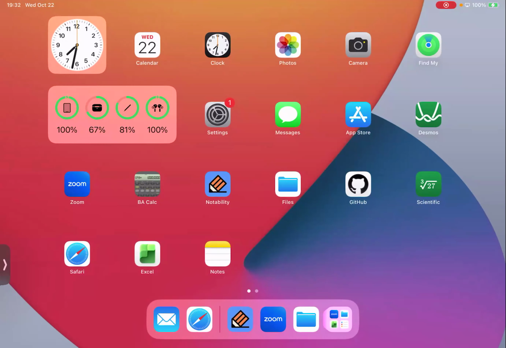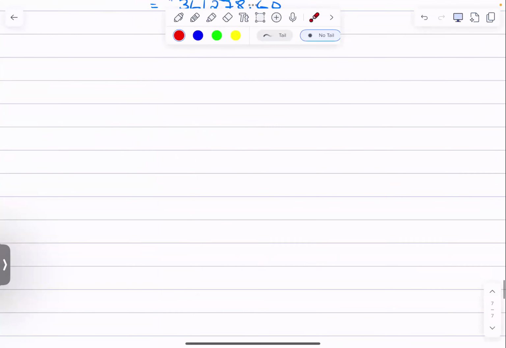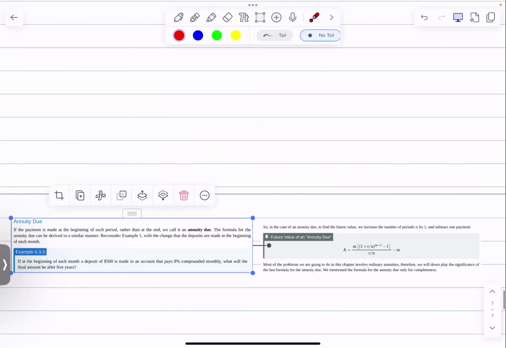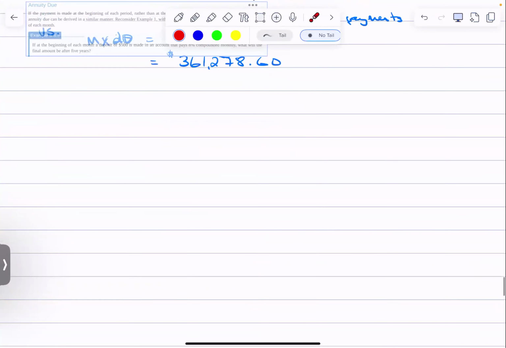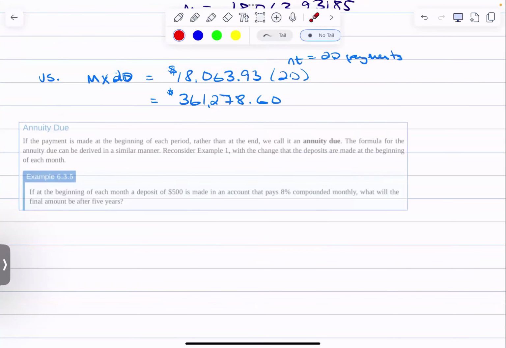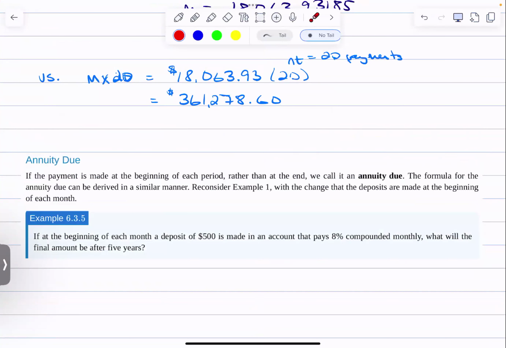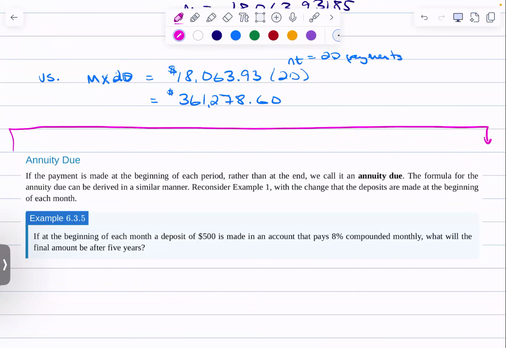Okay, let's see here. As you've probably noticed, in this chapter there's a lot of topics that I'm not going to test you on. It's just good to know that they exist. From here on down, not tested.